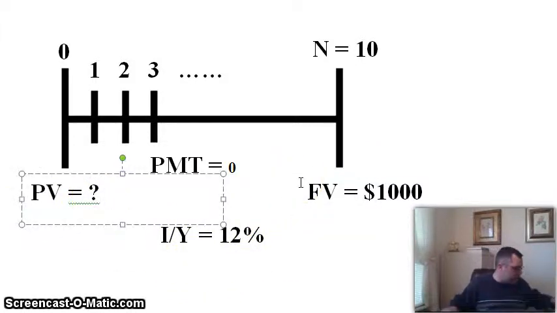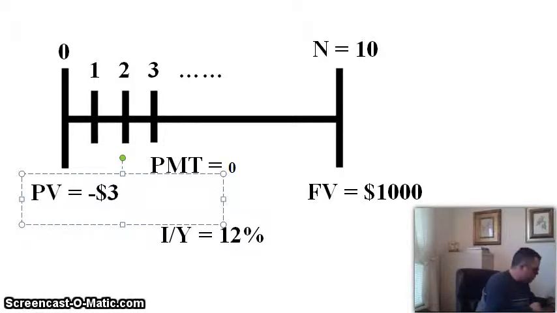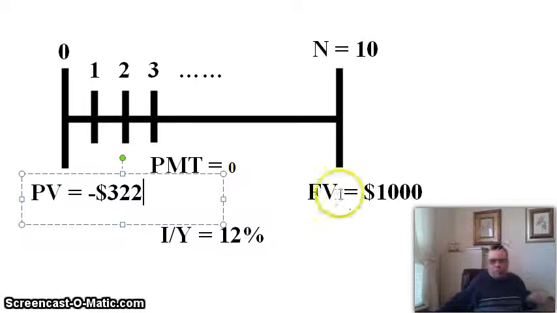And when I plug all that into my calculator, I get negative. It comes out negative because you'd have to pay to buy the bond, $321.97. Let's just leave it at $322. We'll round.